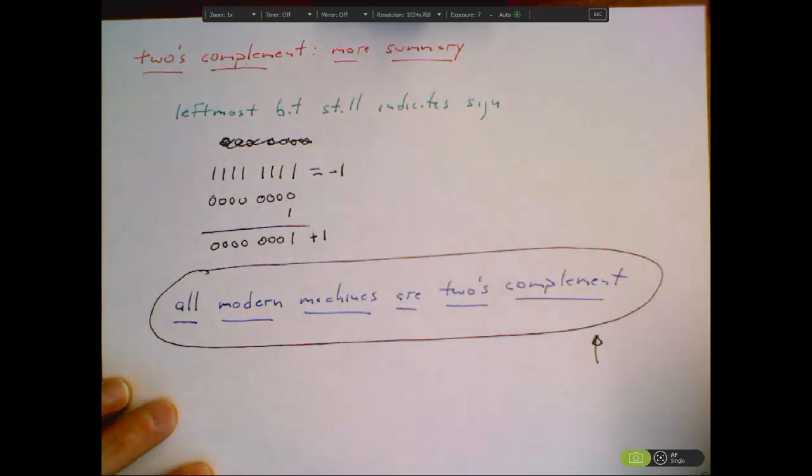So the machines we'll be working with will all be 2's complement. But remember, I may have mentioned the CDC 6600 from the 60s that I learned to program first was, in fact, a 1's complement machine. So the world did not settle on 2's complement until the late 60s, early 70s, I guess.